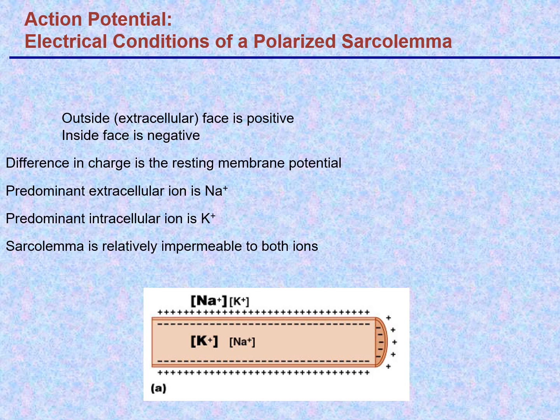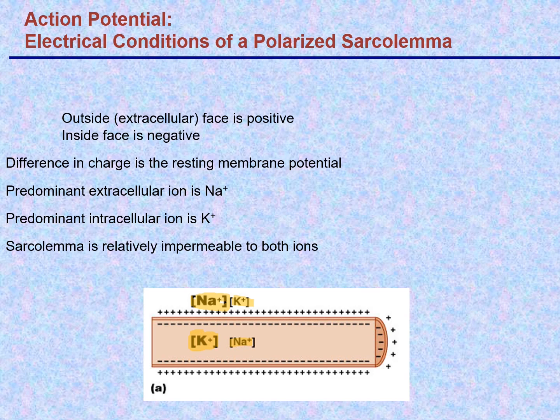Here you see relative levels of sodium and potassium on the inside and outside of a section of skeletal muscle fiber, where the potassium is higher inside than outside, as you can see, and sodium is higher outside than it is inside.